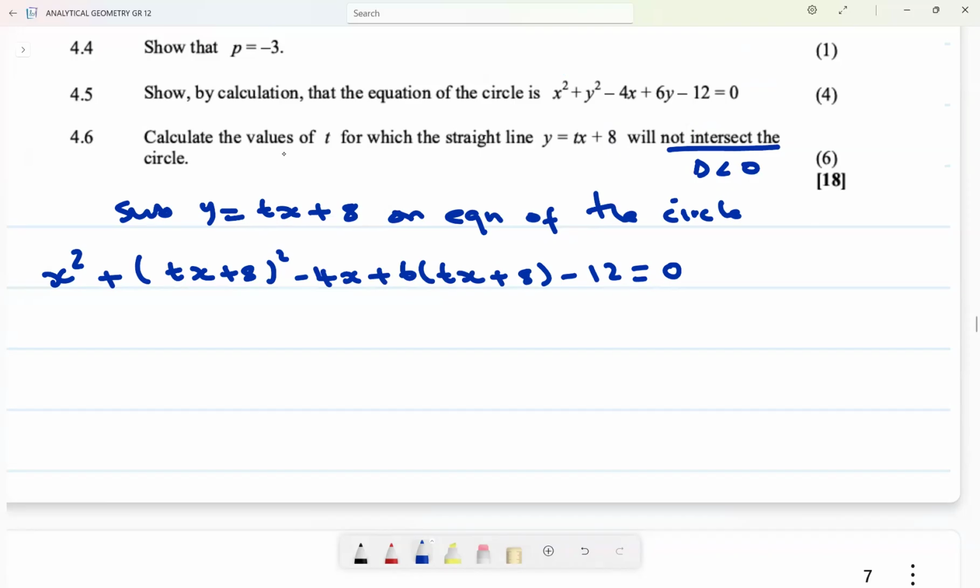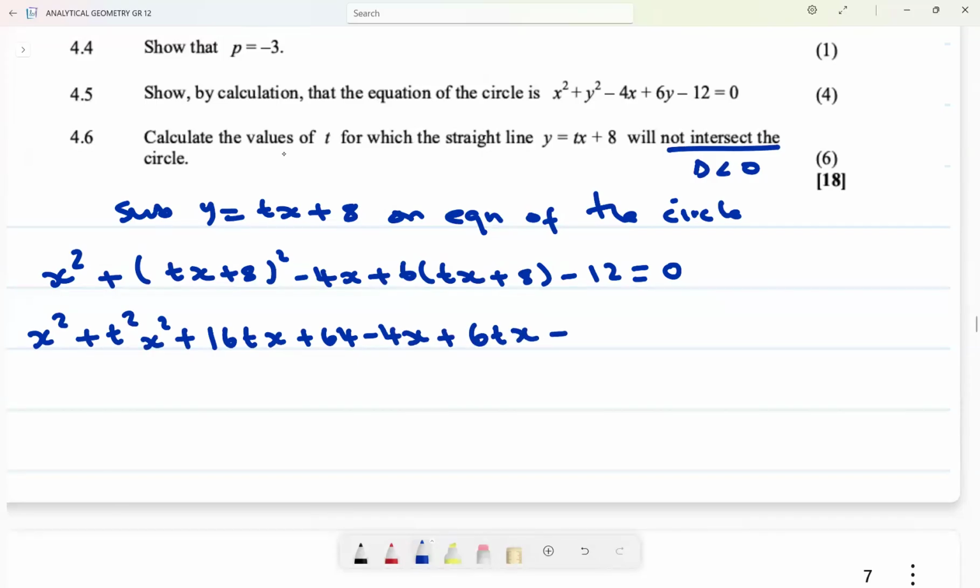And then try to simplify a little bit. Let's try to do that. x squared plus, this one is going to be t squared x squared, because you square the first term, plus this times that is going to be 16tx, plus 64 minus 4x plus 6tx plus 48 minus 12.